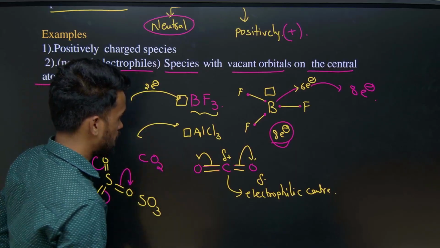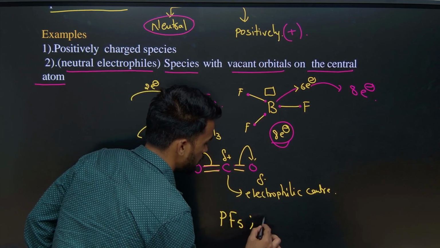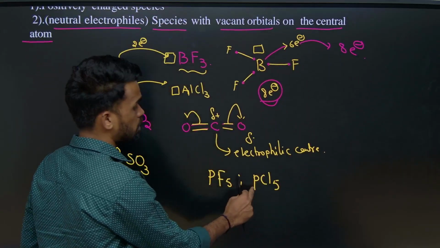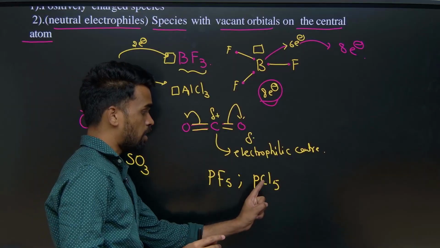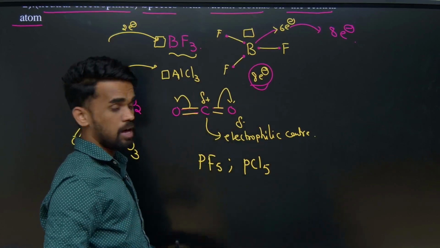Not only this, let us see one more thing also, PF5 or PCl5. What happens here? Around the phosphorus there are no non-bonding electrons. All 5 sides are covered with halogens only.